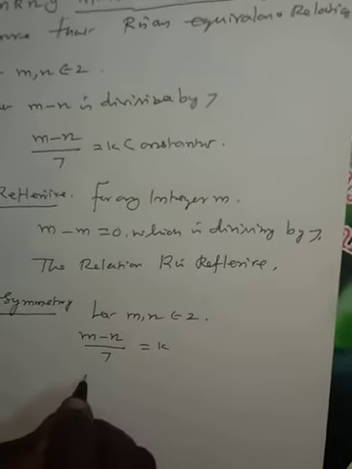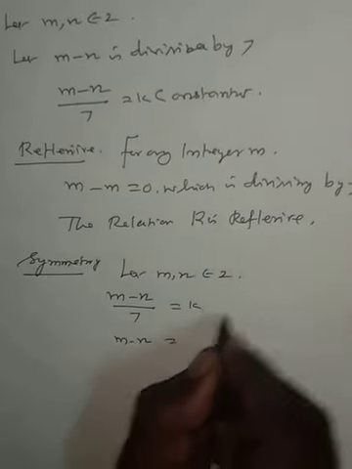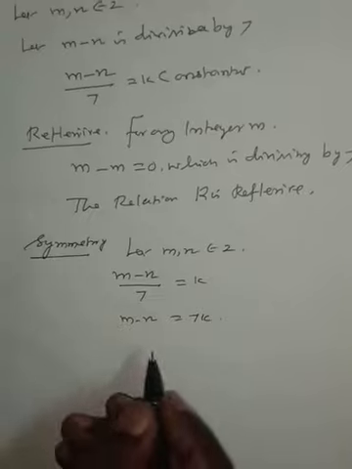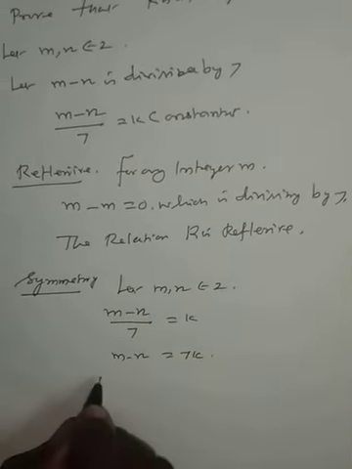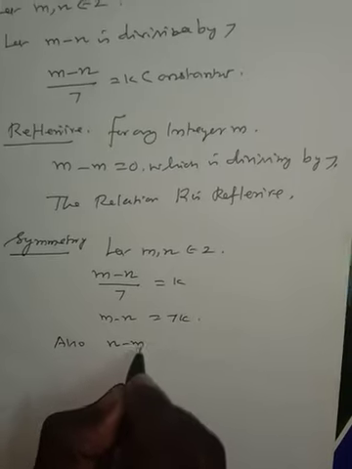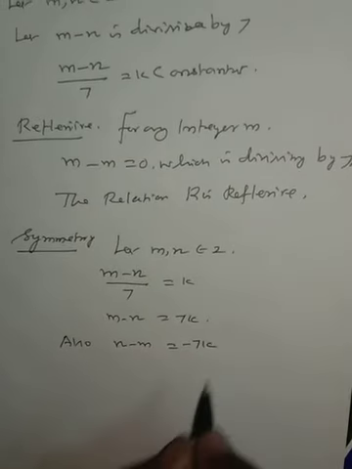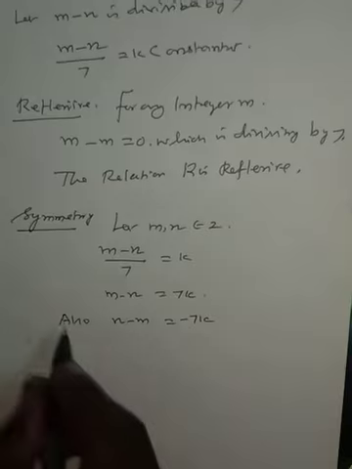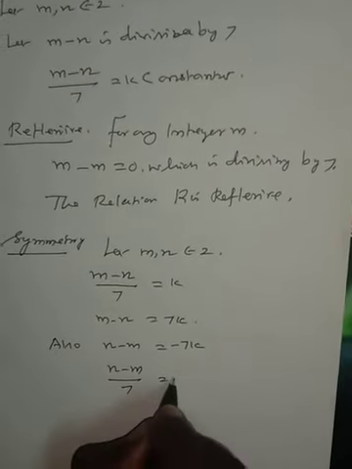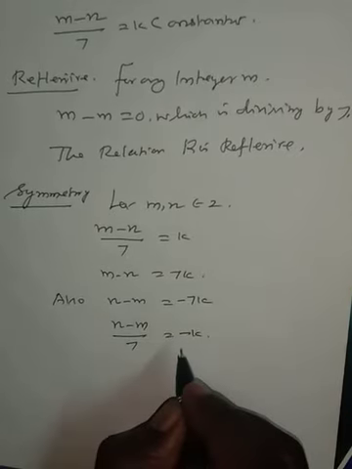Cross multiplying by 7, m minus n is equal to 7k. Now n minus m is equal to minus 7k. This means n minus m divided by 7 is equal to minus k.